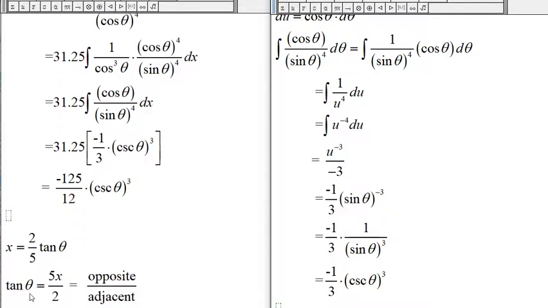We have tangent of theta is equal to 5x over 2. From trigonometry, tangent of theta is opposite over adjacent. And so we need to find what cosecant of theta is. We know that tangent of theta is 5x over 2, but we need cosecant of theta.